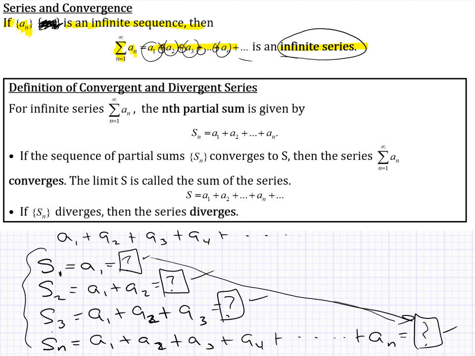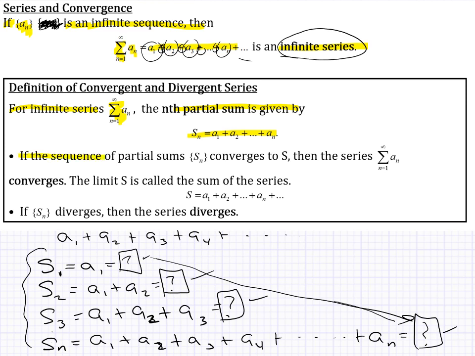All right, so now let's look at the definition. It says, for an infinite series, say the sum of a sub n, the nth partial sum can be found by adding the first n terms, which we'll label as s sub n, so a sub 1 plus a sub 2 all the way up to a sub n.